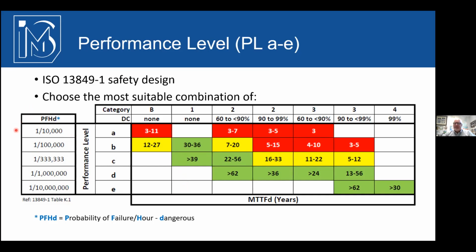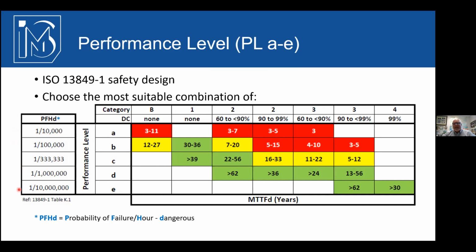But basically it's saying if I've got a performance level A here, on any given time within the mission of the machine system, or the mission of the safety function, I've got a 1 in 10,000 chance that a circuit designed to performance level A is going to fail to a dangerous state. Meaning every hour, if I could access that 10,000 times on average, at some point there could be a failure, 1 in 10,000. And you can see it increments all the way up to here.